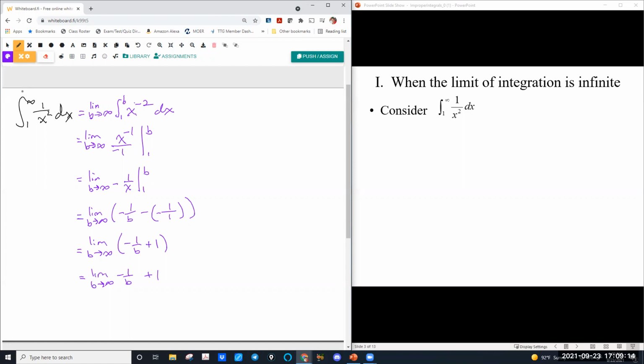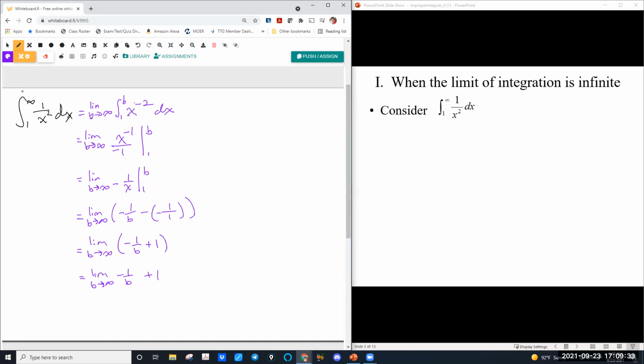What is that getting closer and closer to as b goes to infinity? Oh, just this part here. Yes, good, Mark. I know you were a step ahead of me. Good job. It's going to go to 0.